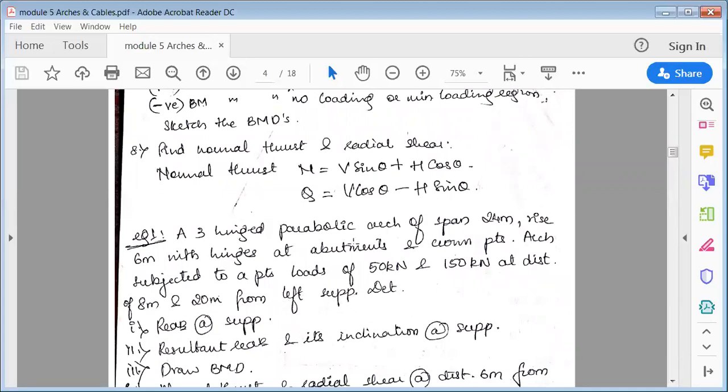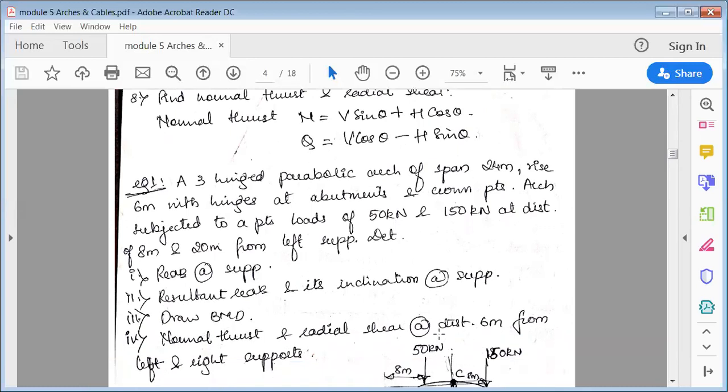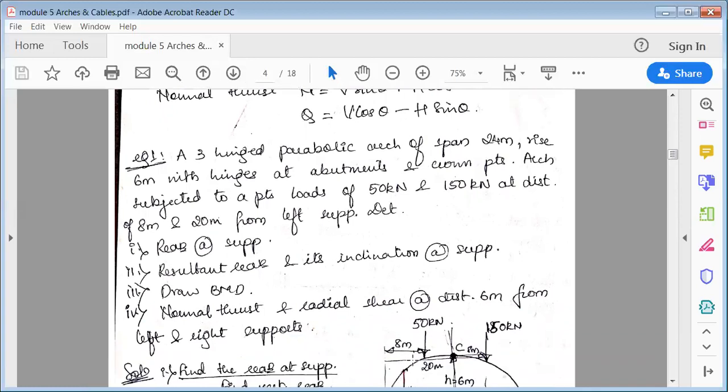So again, they have given you everything in this. So from this data, you have to draw the arch. Okay, and then find reaction at the support, resultant reaction and its inclination at the support, draw bending moment diagram, normal thrust and radial shear at a distance 6 meter from the left and right support.